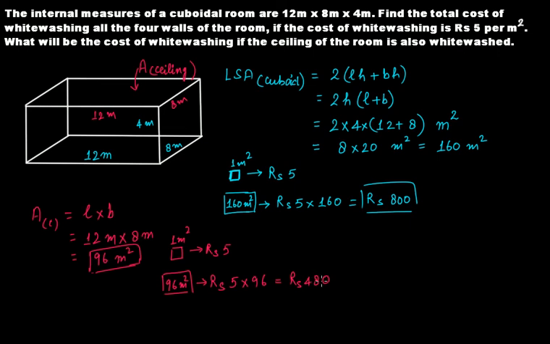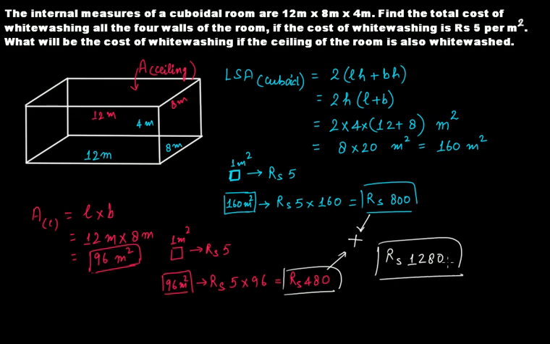So this is the cost of just the ceiling. Okay, this is the cost of ceiling. So if we have to calculate the total amount, the total amount will be this amount plus this amount, right? This 480 plus 800. So 480 plus 800 means what? Rupees 1280. So rupees 1280 will have to be paid when you have to cover the ceiling also.